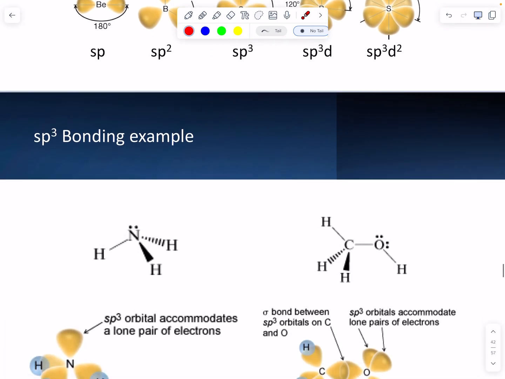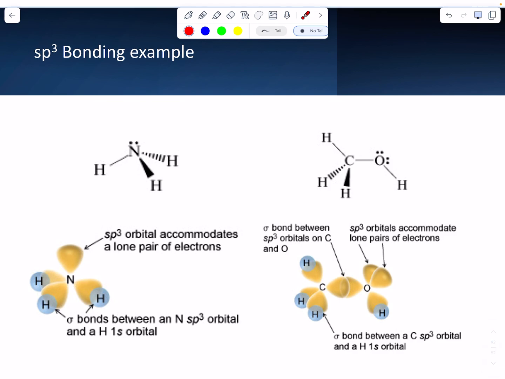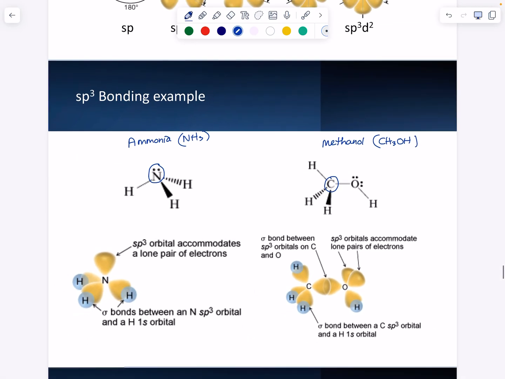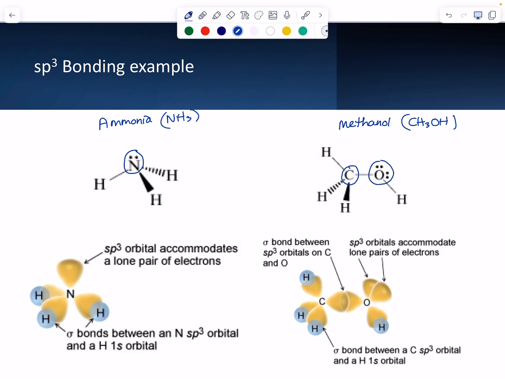So here's another sp3 bonding example with things other than carbon attached to hydrogens. We've got the nitrogen atom here in ammonia, NH3. And this is methanol, CH3OH. Our central atom in these is going to be the carbon in one sense, the nitrogen in another, and we can also look at the oxygen.